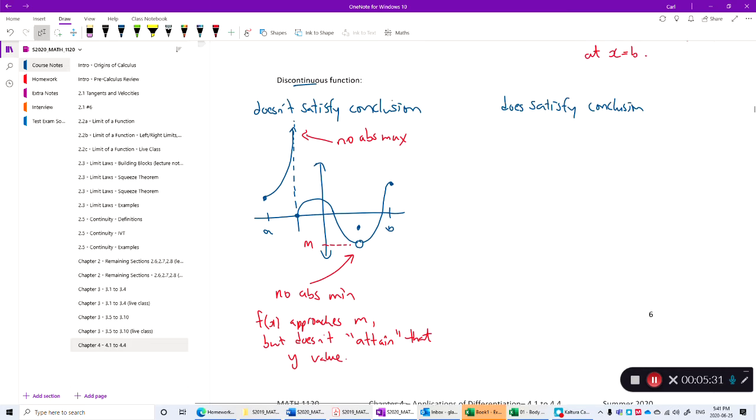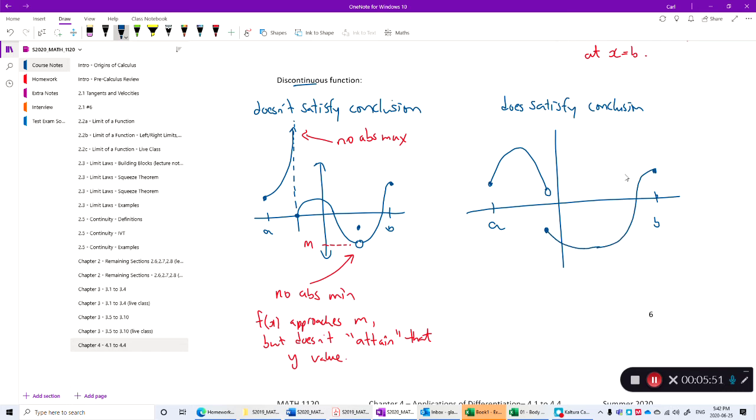Okay, now what about a discontinuous function that does satisfy the conclusion? Well, that's pretty easy. I could just do this. I think we already drew an example like this actually. There we go. So how about that?